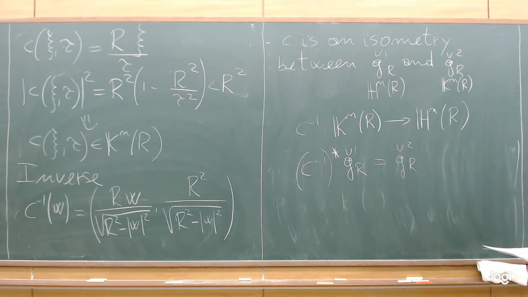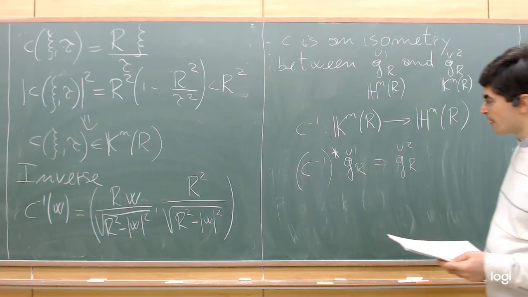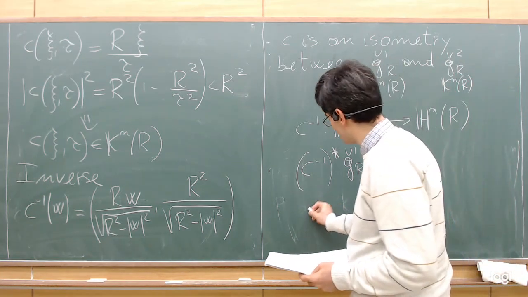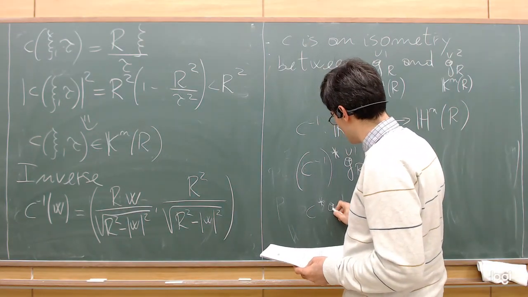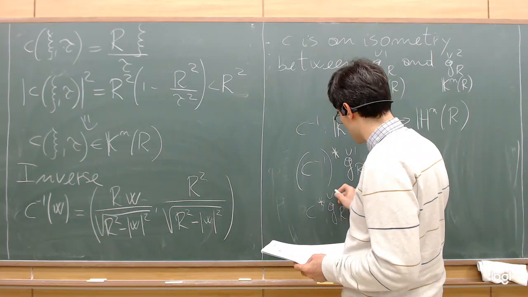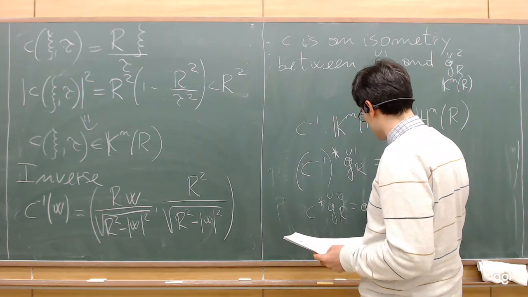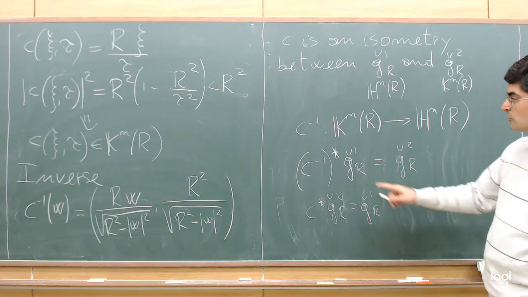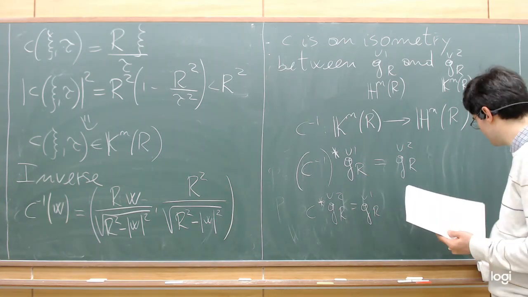This is easier to do than showing C^* G_2^R equal G_1^R, because of the expression of G_1^R.